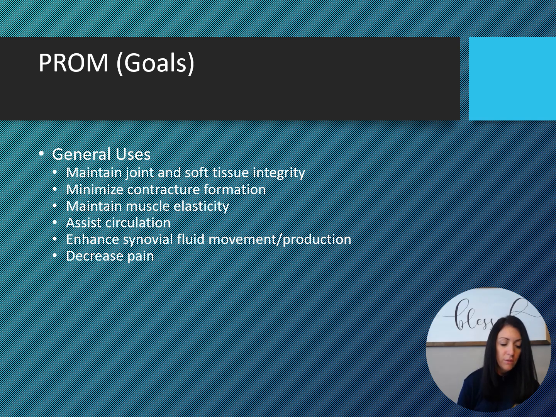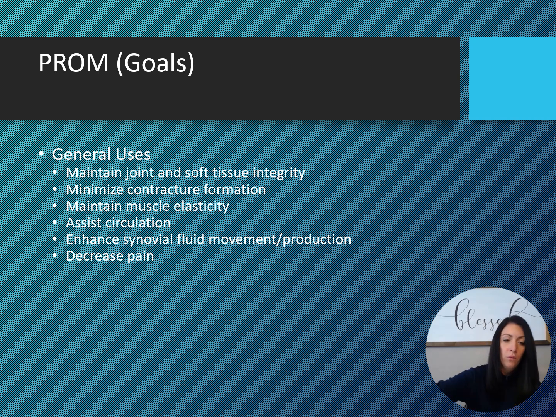Specifically, the goals are to maintain joint and connective tissue mobility, minimize the effects of the formation of contractures, maintain mechanical elasticity of muscles, assist circulation and vascular dynamics, enhance synovial movement for cartilage nutrition and diffusion of materials in the joint, decrease or inhibit pain, assist with the healing process after injury or surgery, and help maintain the patient's awareness of movement. So there are several different uses.